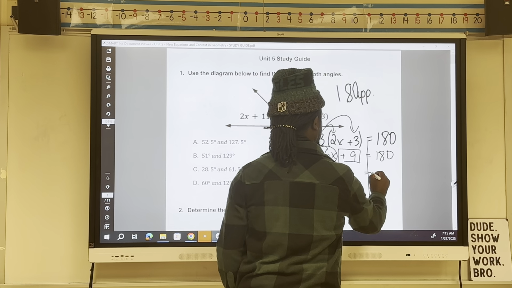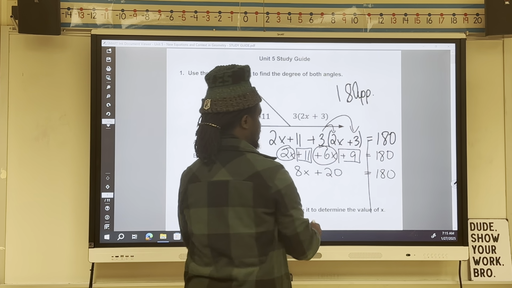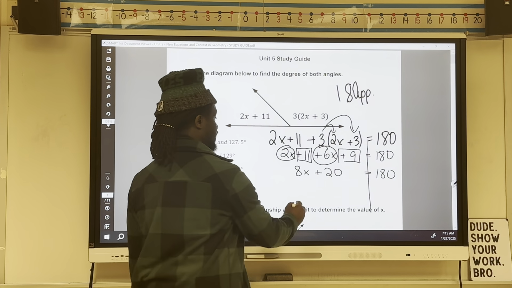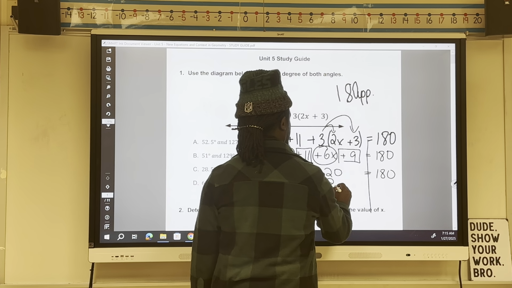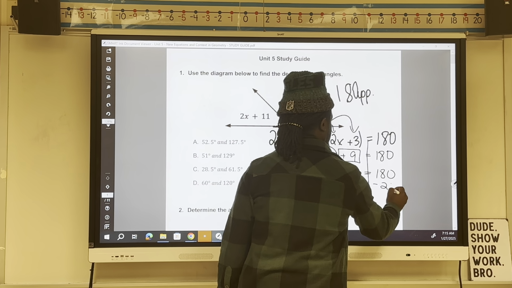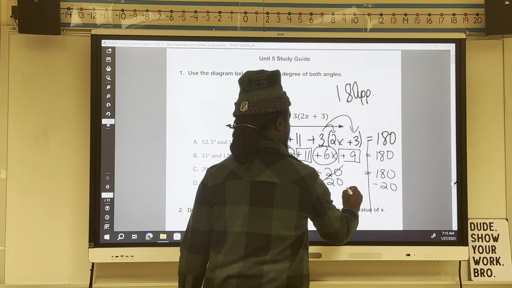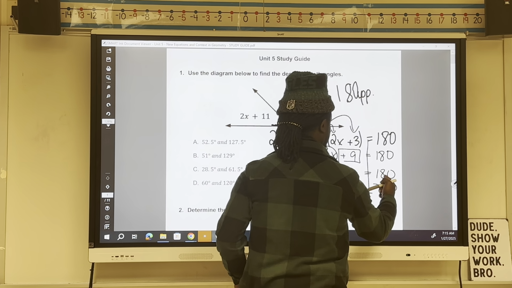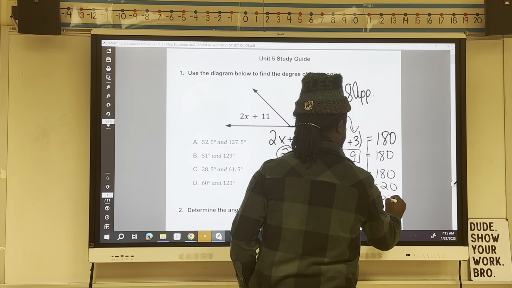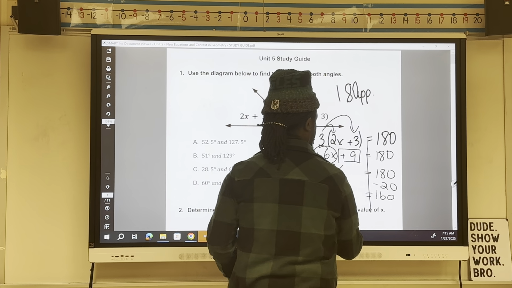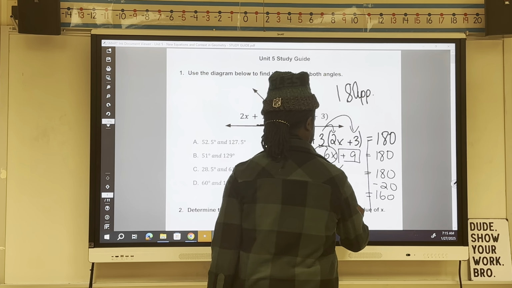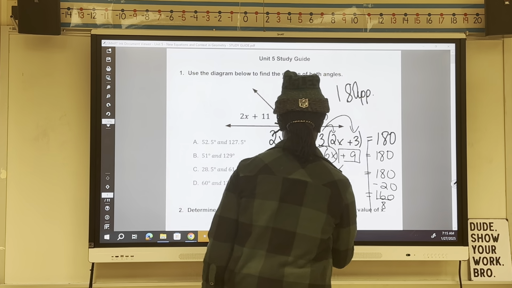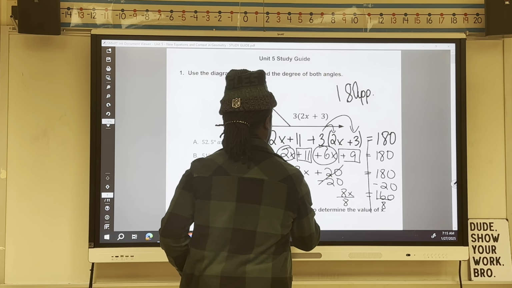That equals 180, just bring that down. Now I have to do the inverse operation to get the x by itself. I'm going to subtract 20, leaving me with 8x equals 180 minus 20, that's 160. Divide by 8, the inverse operation again, and that gives me x equals 20.